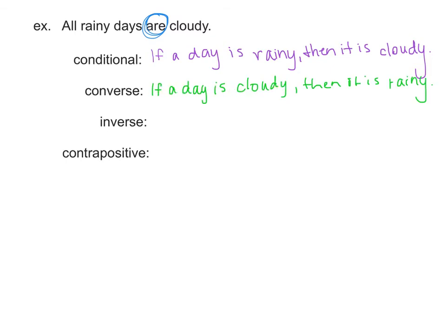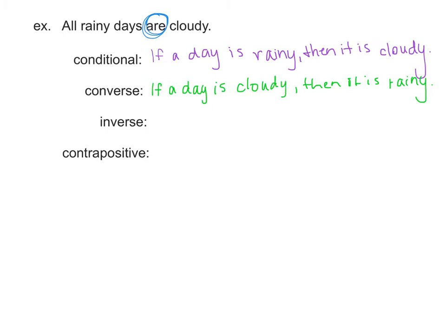If a day is cloudy, then it is rainy. So we took this part right here, that if the day is rainy, we made it the then. We took this part, that it is cloudy, and I made it the if. Now notice, I did not say if it is cloudy. Okay? It is a pronoun. We need the subject actually to show up in the converse.